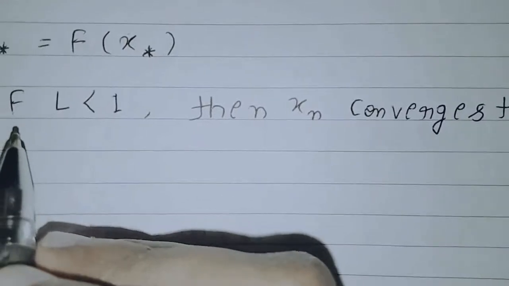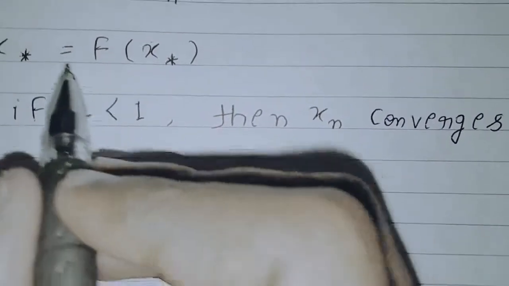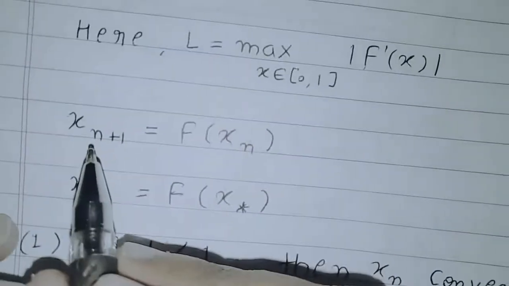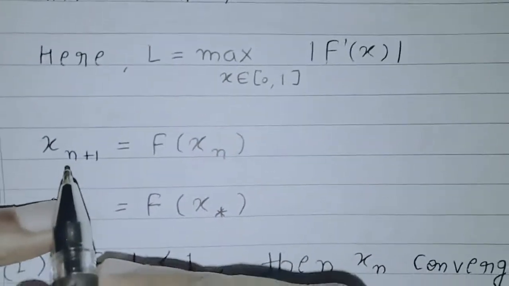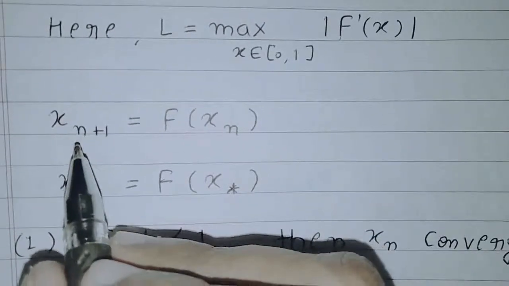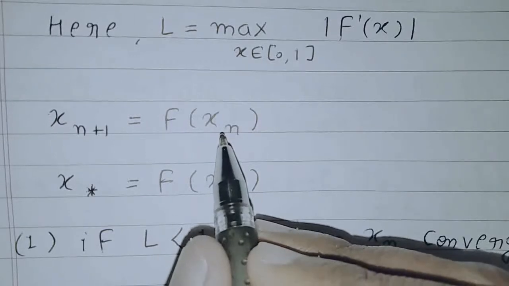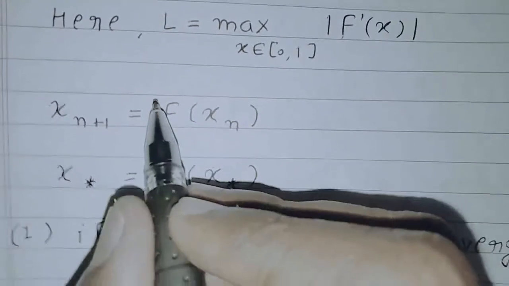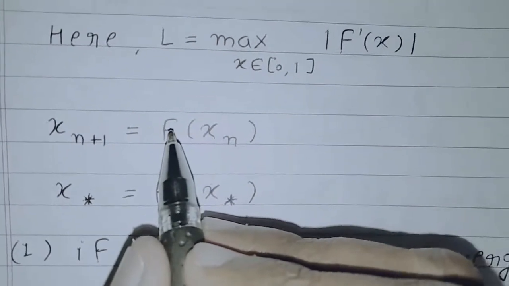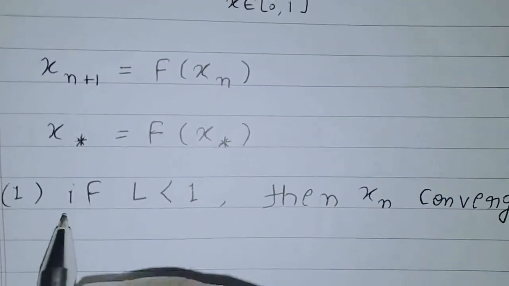This option is necessarily true, for from a theorem we know that the iteration method xn plus 1 is equal to f of xn converges always whenever magnitude of the derivative of the function f is less than 1. Therefore option number 1 is true.